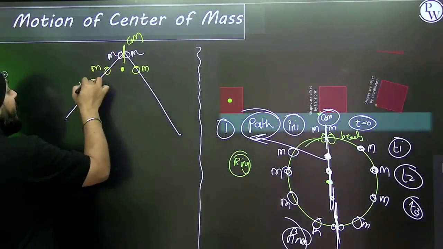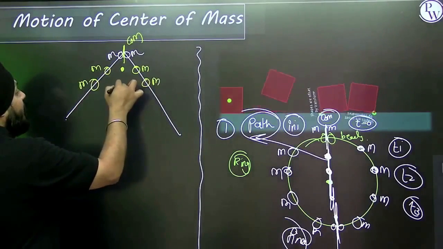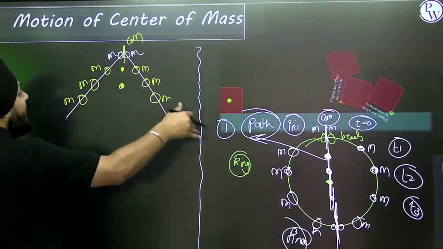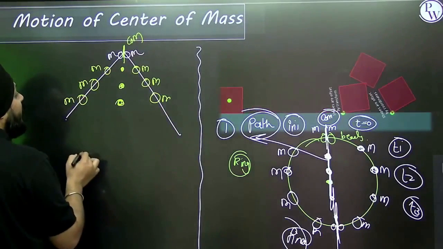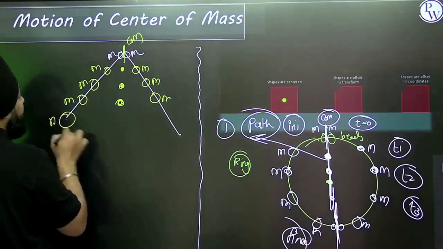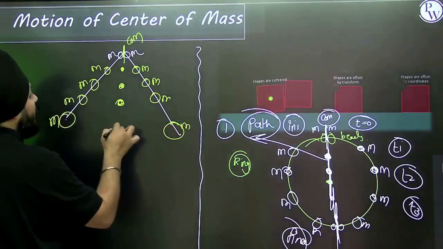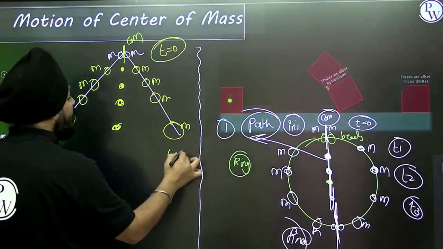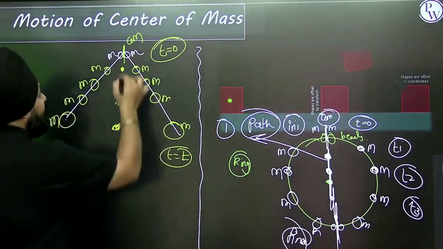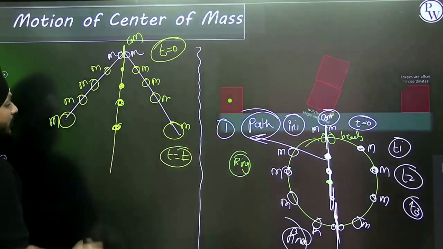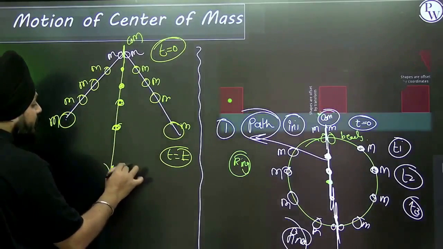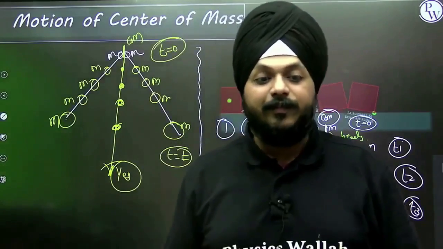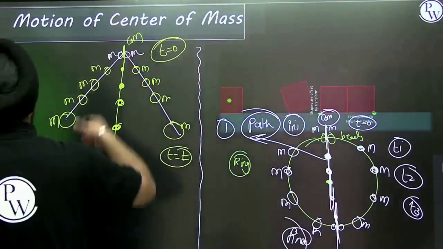After some time m is here, position is here. After some time m is here, at different time intervals. The position of the center of mass is here. So at the final stage m is here and m is here. So from t equal to 0 to time t, when the journey is completed, did the center of mass move or not? Yes. It gained some velocity. What path did it follow? A straight line.